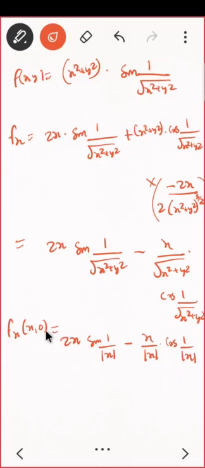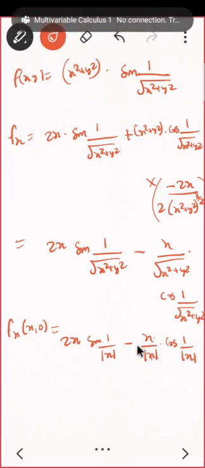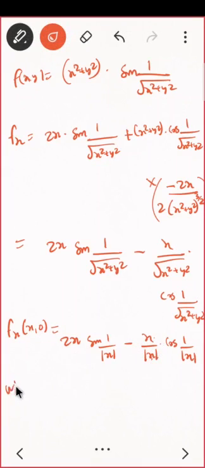This is what you are having, fx. But do you see what this x upon mod x is? If your x is positive, then this will be 1. If your x is negative, then this will be minus 1. So this will oscillate between 1 and minus 1 due to the cos term near the origin.